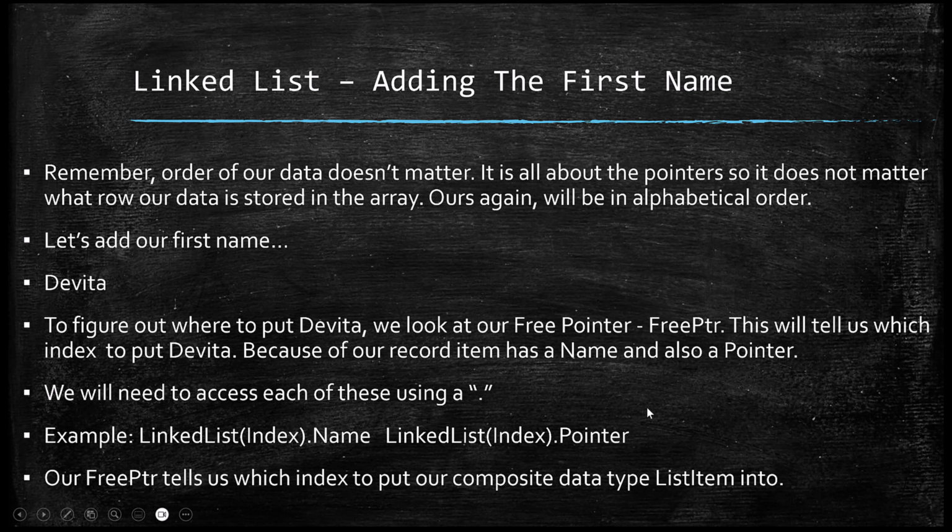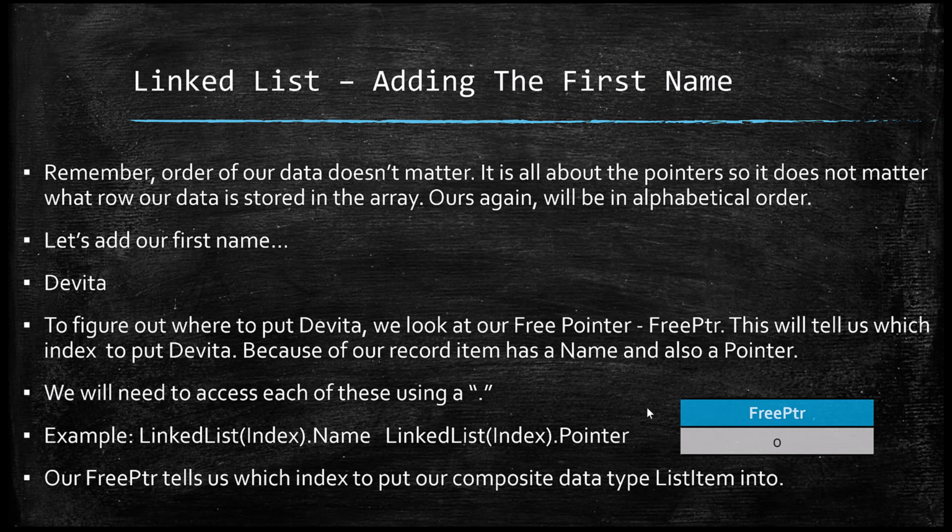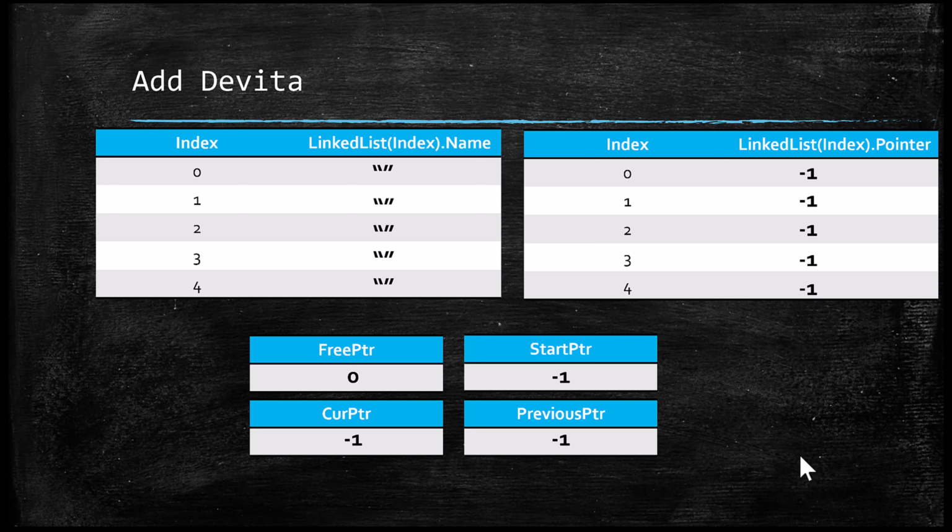Now our free pointer tells us which index to put our composite data type list item into, and it says to put it in index 0. So let's go ahead and add Davida to index 0 and talk about what is happening. When we want to add Davida, it's all about that free pointer that tells us what index to put Davida into, and that is index 0.